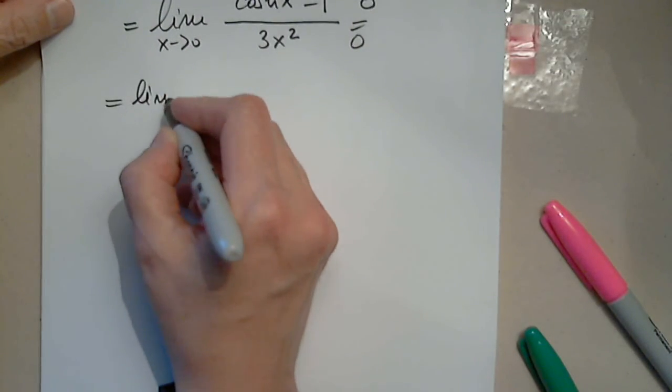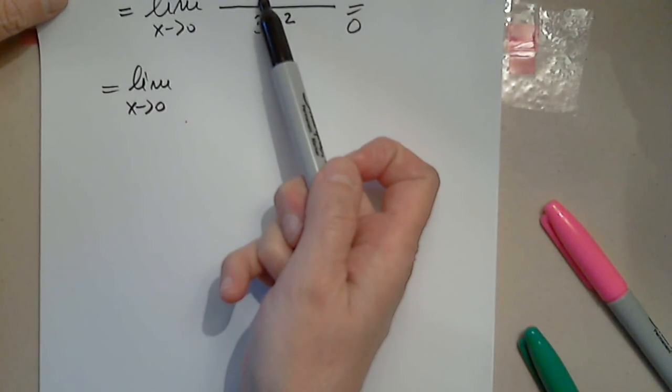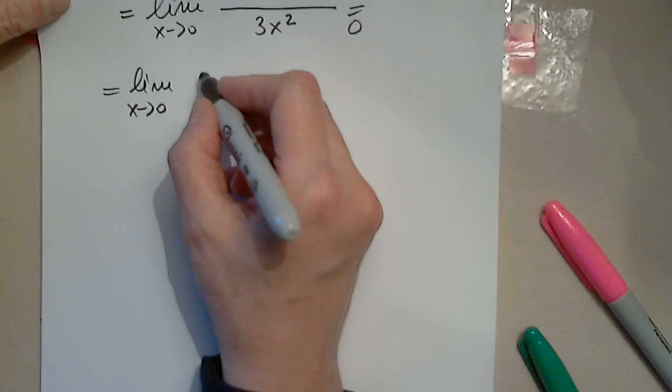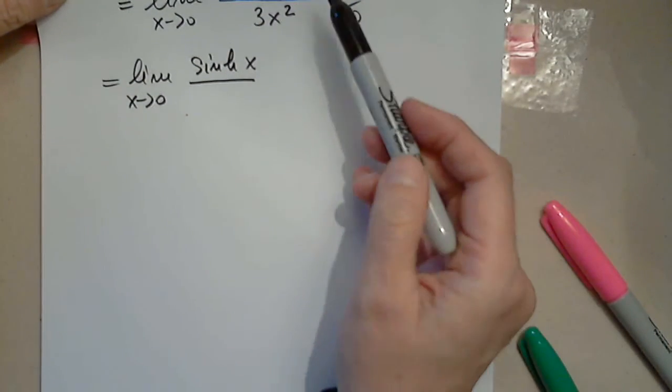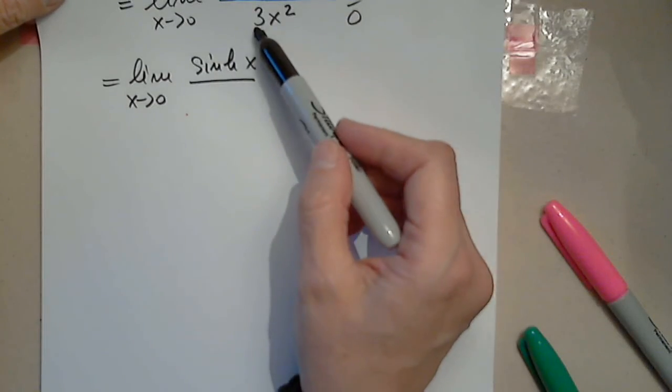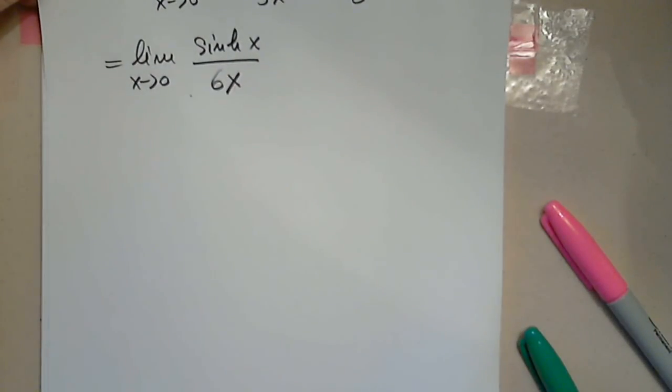So this is the limit as x approaches 0. When we differentiate hyperbolic cosine, remember there's no change in sign there. Hyperbolic sine. 1 differentiated is 0. 3x squared prime is 6x. Okay, I'm back in business.